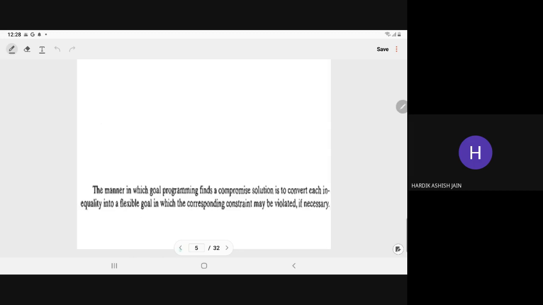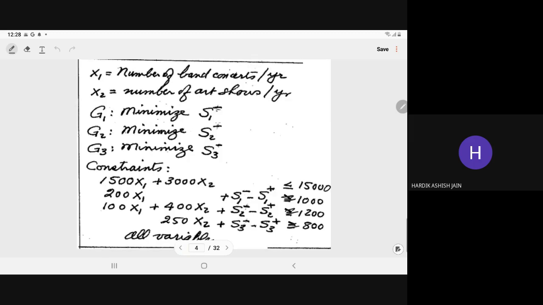Then, a goal constraint can be violated, but a decision constraint can never be violated. For example, in this question, these are the goal constraints, and this is the decision constraint. So the decision constraint you have to satisfy. Goal constraint can be violated. Means what is our goal constraint? 200x1 greater than or equal to 1000. That can be violated. You are not able to achieve the 1000 teenagers. That can be violated. But more than $15,000 you cannot spend.